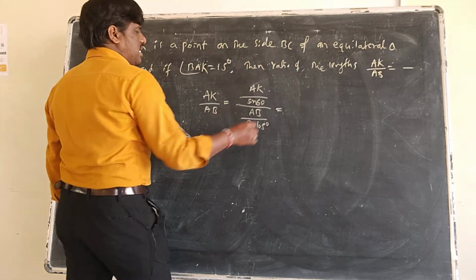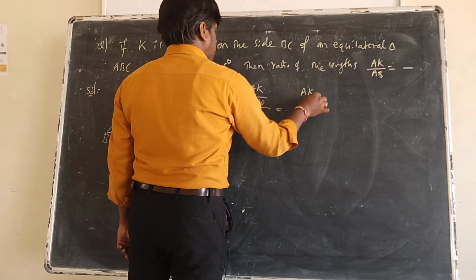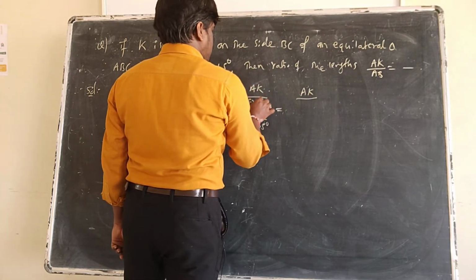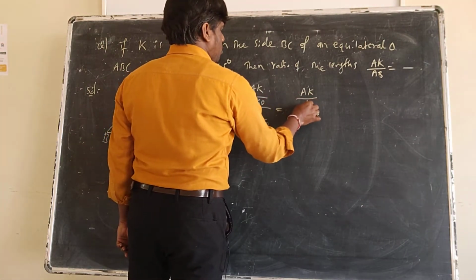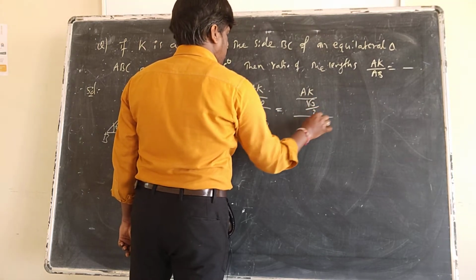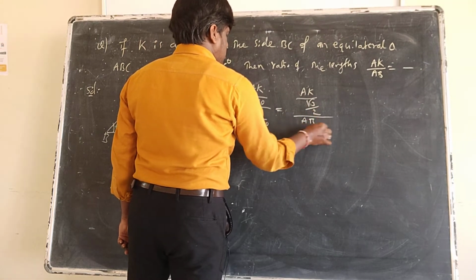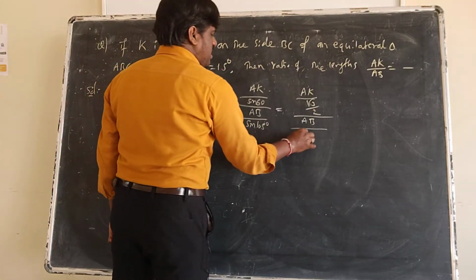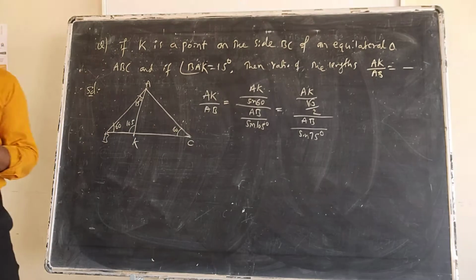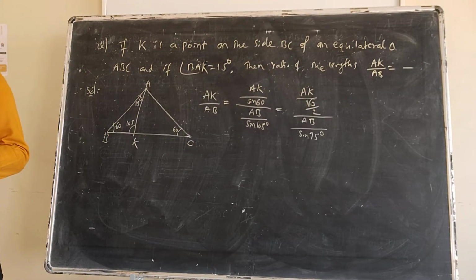So this can be written as AK by sine 60, which is root 3 by 2, divided by AB by sine 75 degrees. Sine 105 is equal to sine 75. Sine of 180 minus theta is sine theta.